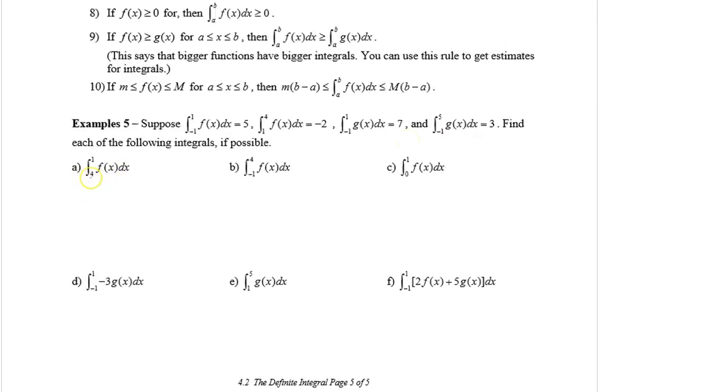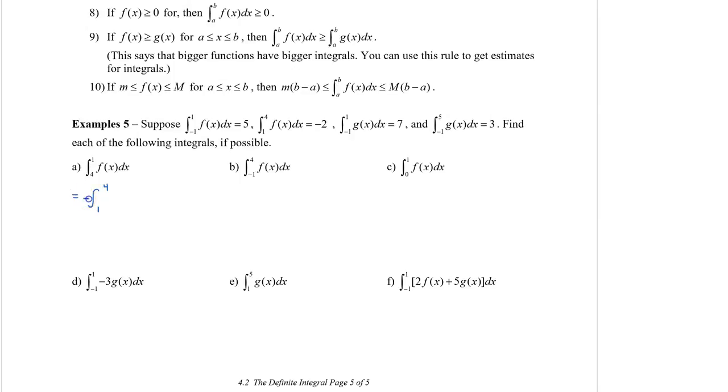So this first one here, we want to integrate f of x from 4 to 1. Now this one closely resembles the second integral here, but I noticed that my upper and lower limits have been reversed. So what I'm going to do is reverse these. So I'm going to have 1 to 4. But remember, when I do that, I need to use my second property, which states that I need to multiply by -1.